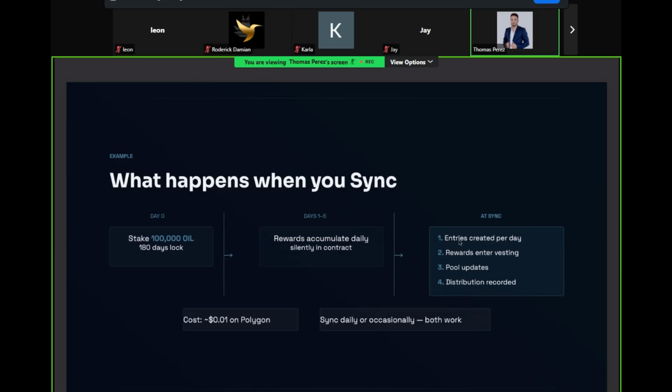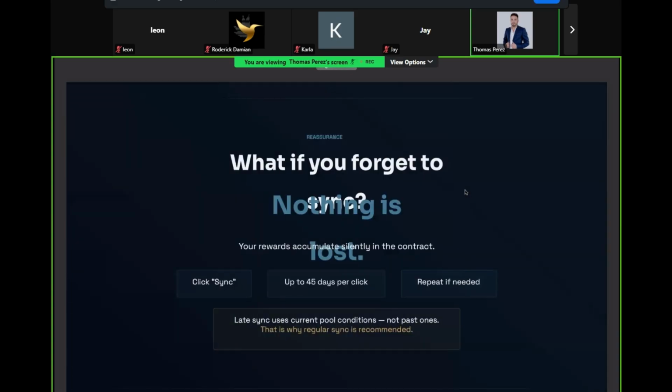And there is a question that a lot of people can ask: what happens if I forget? But I already answered that because the answer is pretty simple. Nothing bad. Your rewards again are not lost. They are just waiting. And when you come back on the DApp, on the staking platform, you can sync everything at once.